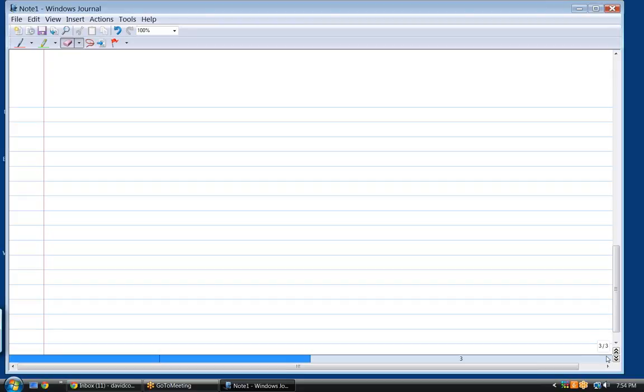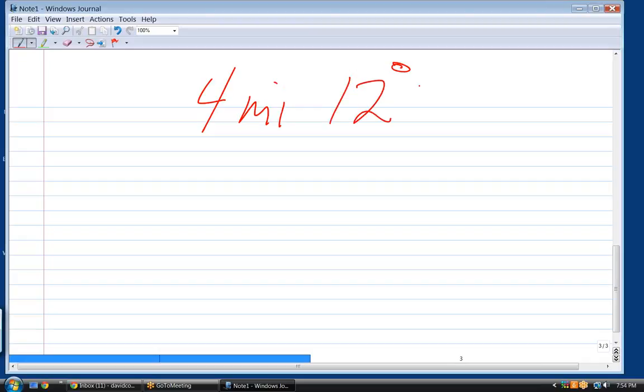Okay, this one says the locations given in polar coordinates of 2 planes approaching an airport are 4 miles, 12 degrees, and 2 miles, 72 degrees.